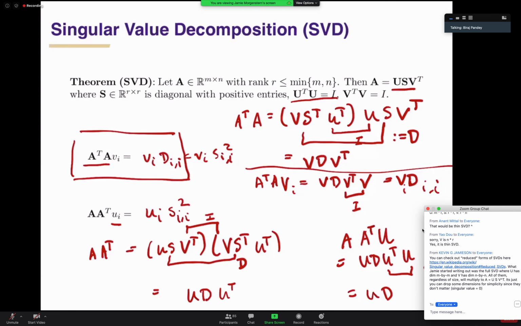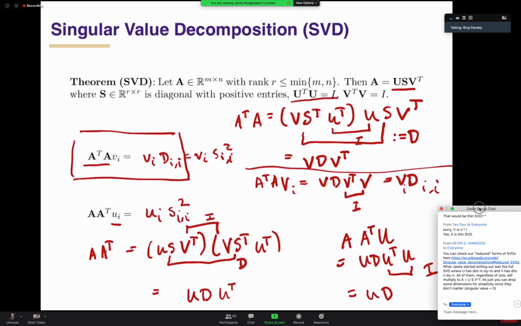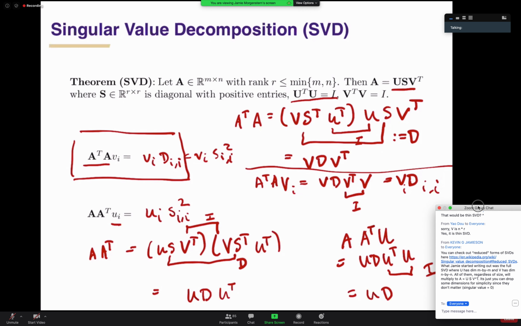What is the difference between projecting on the left, the U, versus V? Because in the thing you talked about, skinny versus wide, what's the difference between those two? So that's a good question. Skinny versus wide has to do with whether you compute the entire thing.